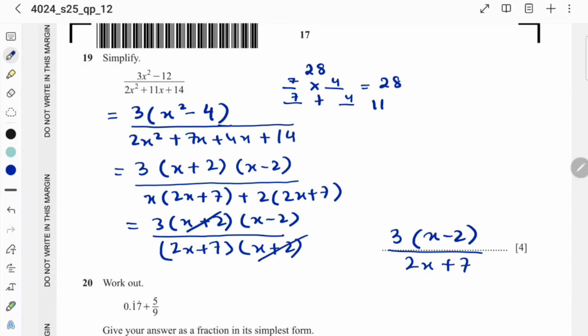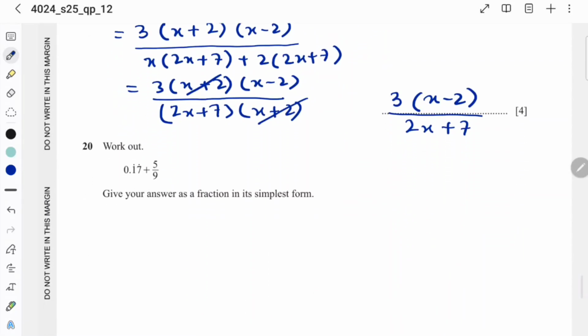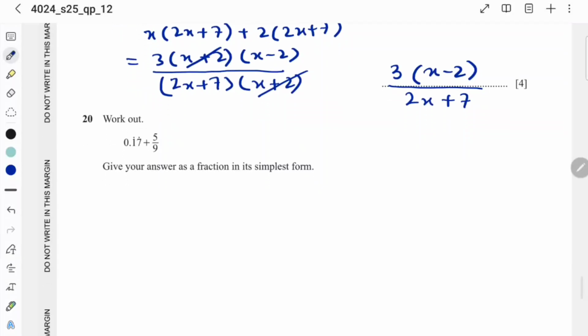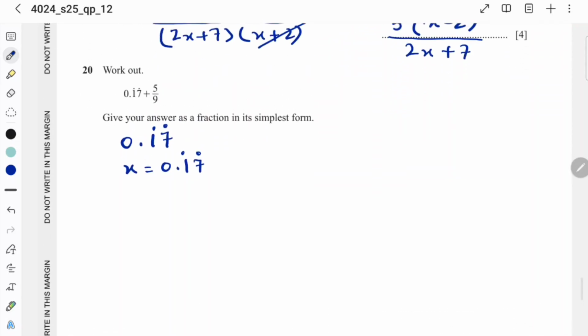Alright, so the next question is question number 20. Work out 0.17 recurring plus 5 over 9. First of all, I'll solve this one first and then combine with 5 over 9. x equals 0.17 recurring. Actually, we know that it's 17 over 99, but I'm showing it here because this is a 4 marks question, so I'm showing every step.